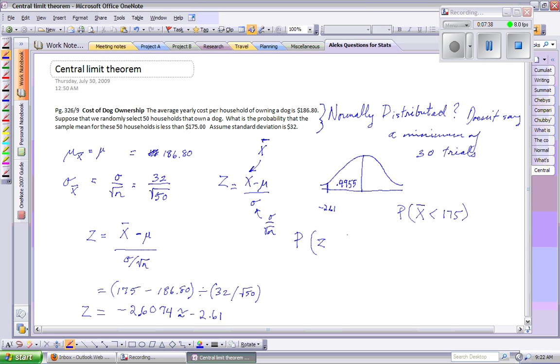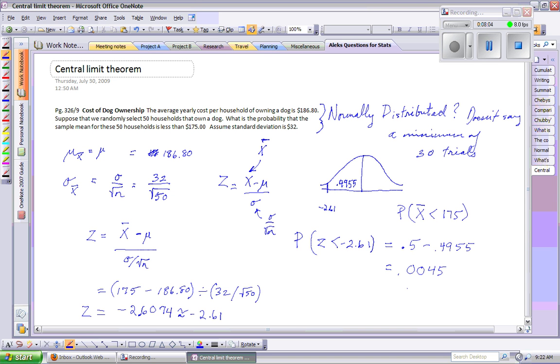So that means we're interested in the z-score that is less than negative 2.61, which is going to be 0.5 minus 0.4955, which is going to be 0.0045. That is the answer I'm getting.